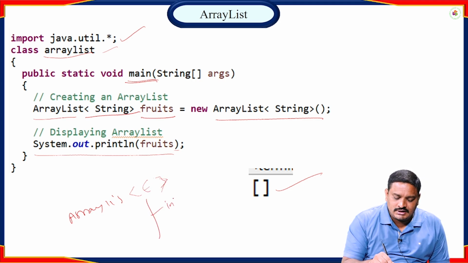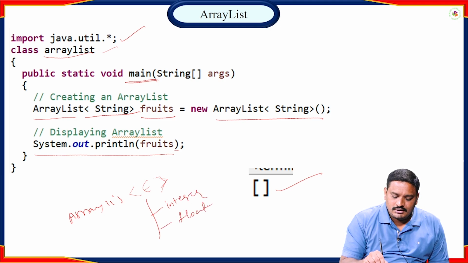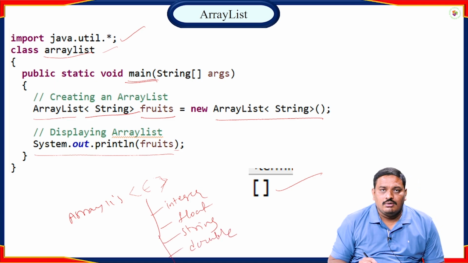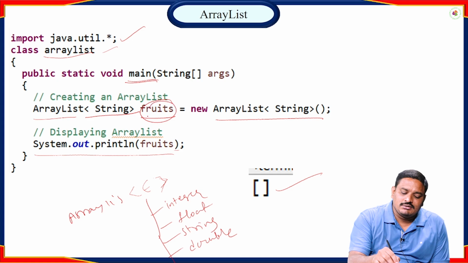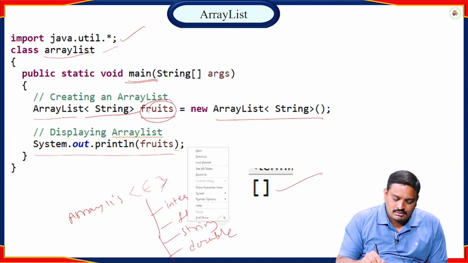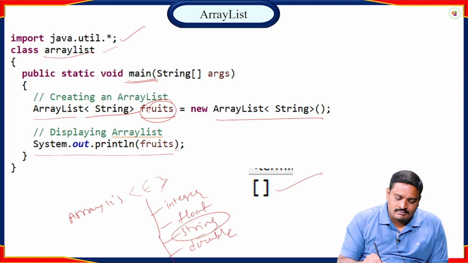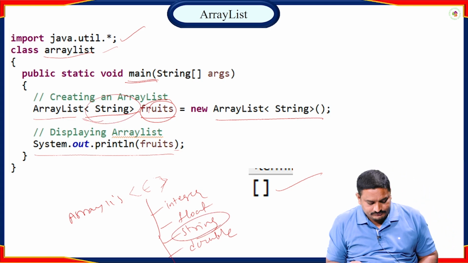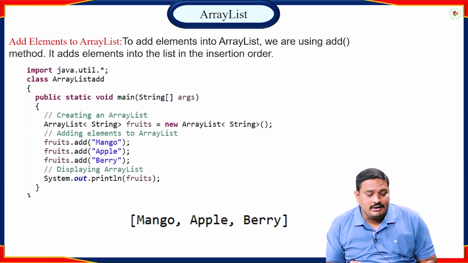Either integer, float, string, or double. Now I am using the string type, so that's why I will take String within the angle brackets. That's creating the ArrayList.